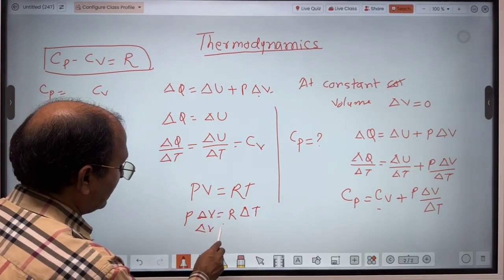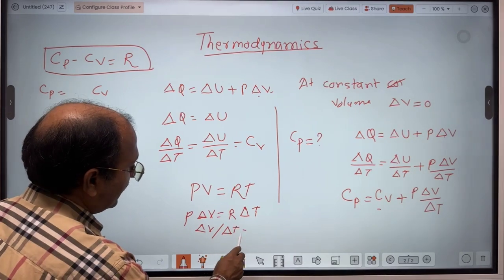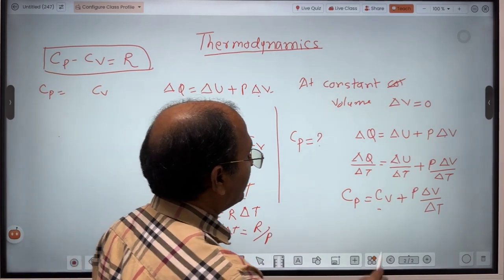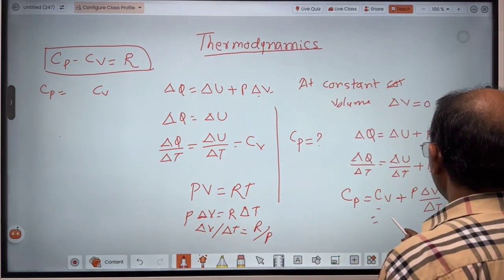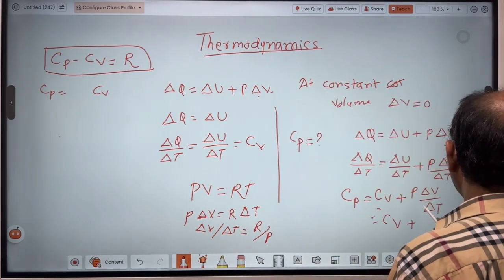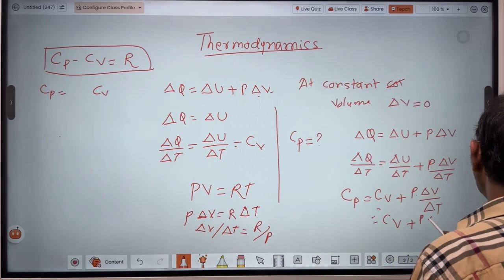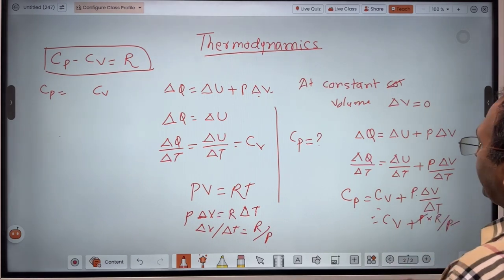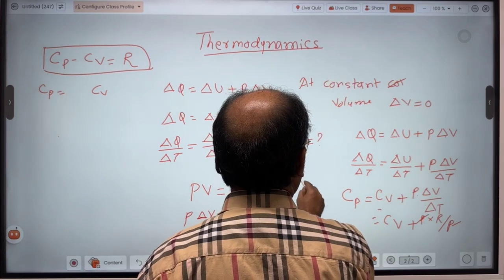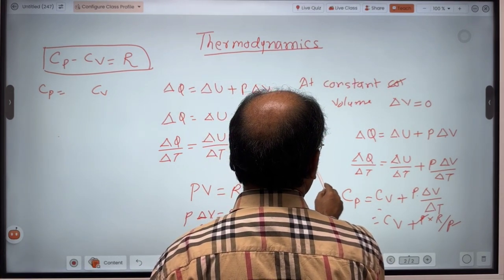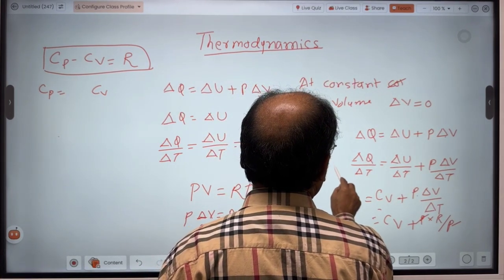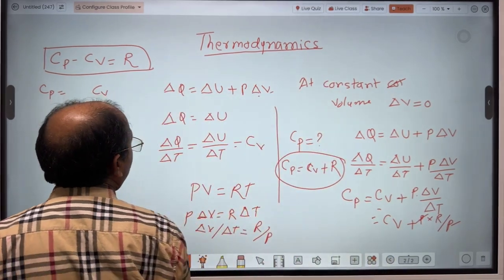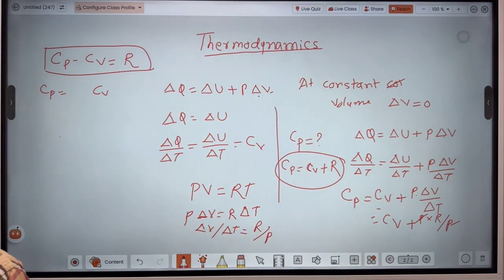It will become R upon P. Alright. So if we put that value here, we will get Cv plus P into R upon P. So P and P will cancel out and we will be left with Cp equal to Cv plus R. So this is the basic relation which gives Cp minus Cv equal to R. I think the thing is clear.